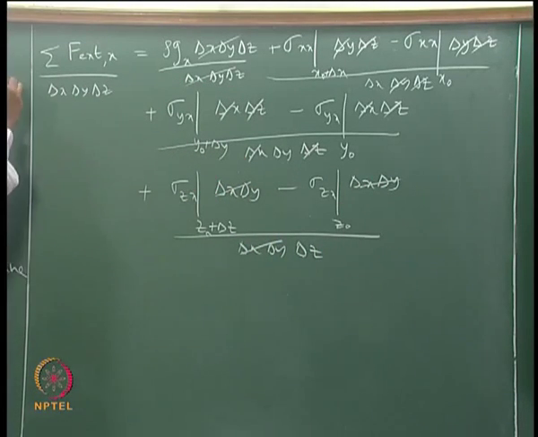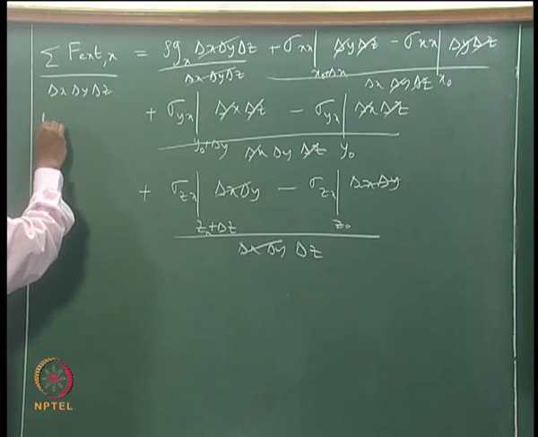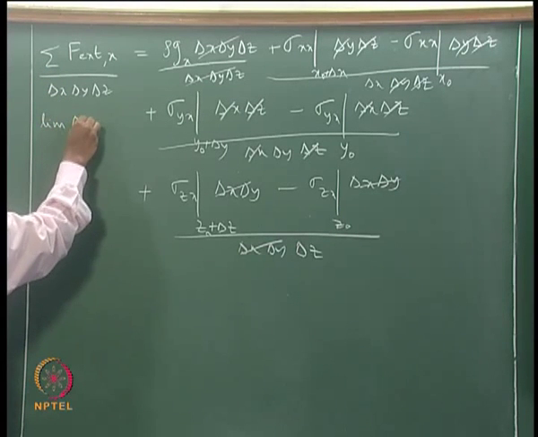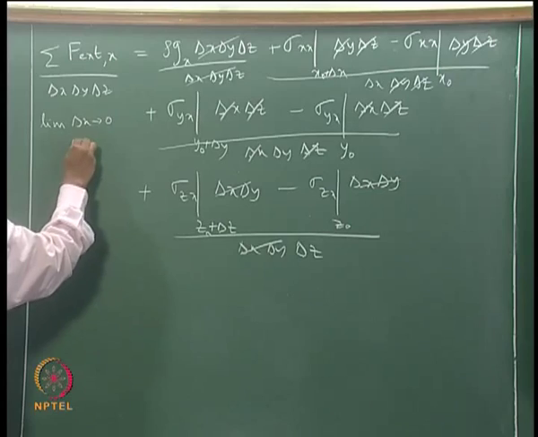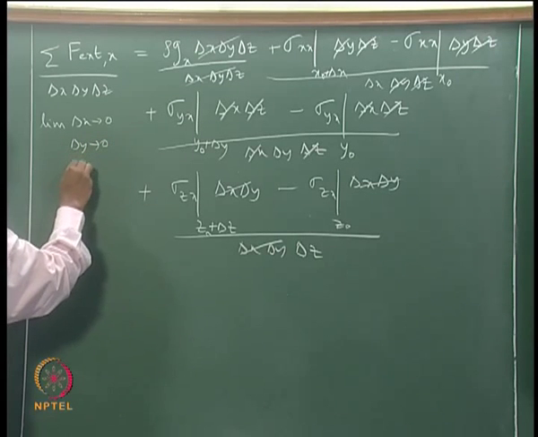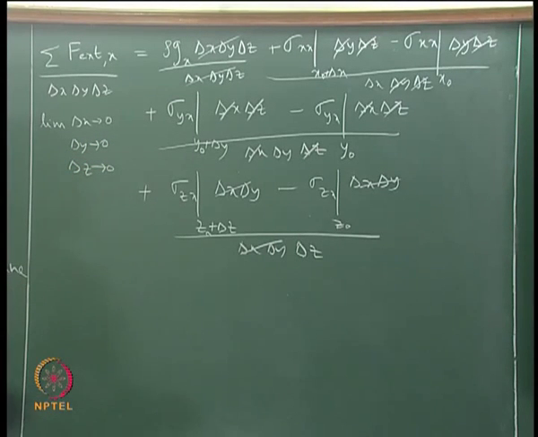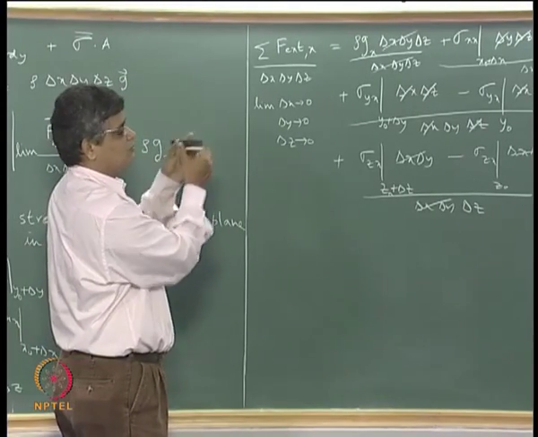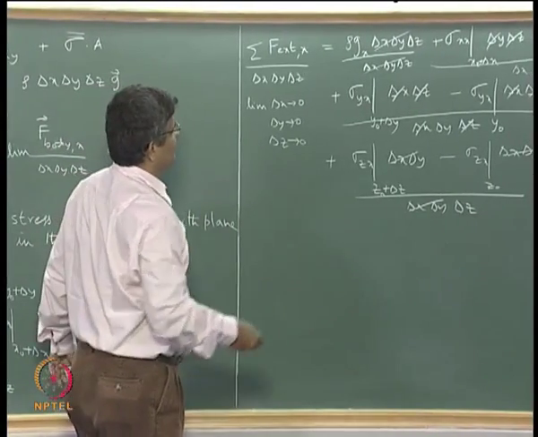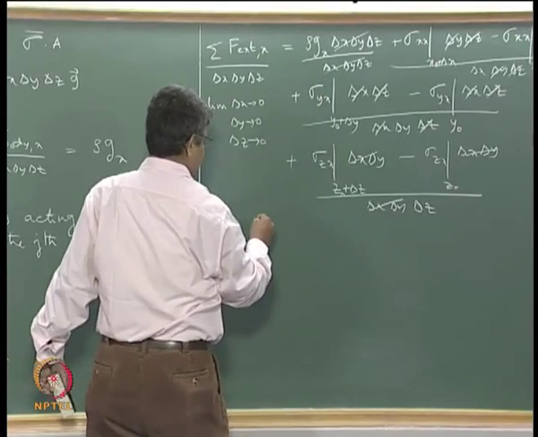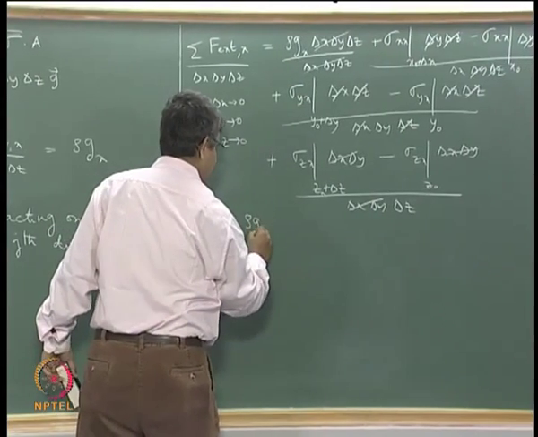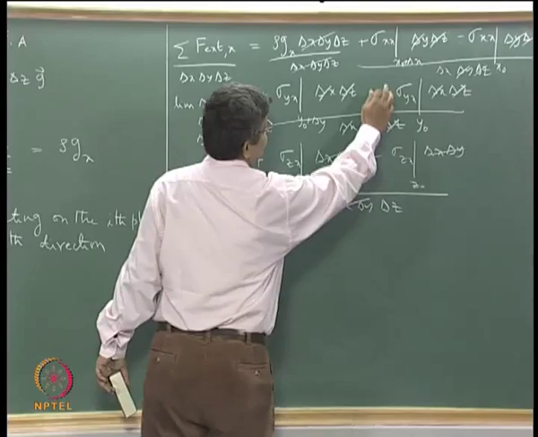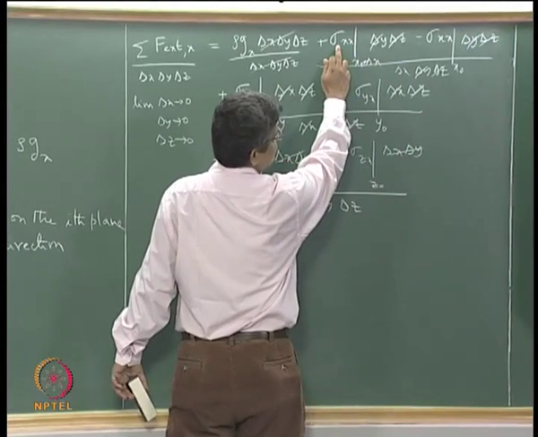Now if we take the limit as delta x tends to 0, delta y tends to 0, delta z tends to 0, that is, we are considering a smaller and smaller volume of this particular unit volume, this thing here becomes rho g x, and this is sigma xx.